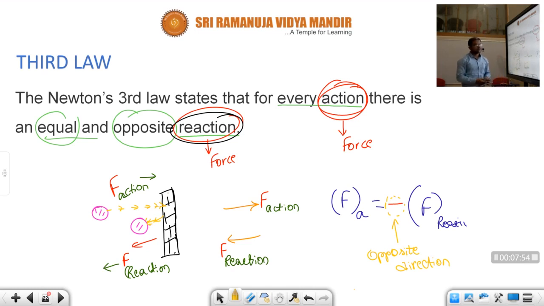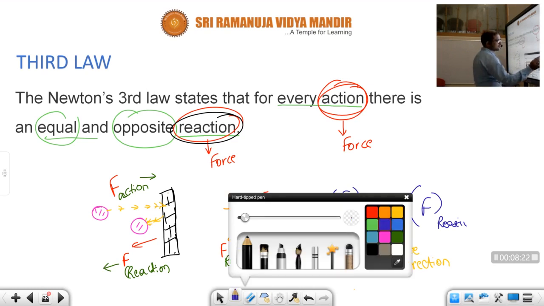Okay, children? So, always action and reaction occur with the same magnitude. Here we are discussing action and reaction in terms of force, children. Action is a force, reaction is also a force. Both are of the same magnitude.